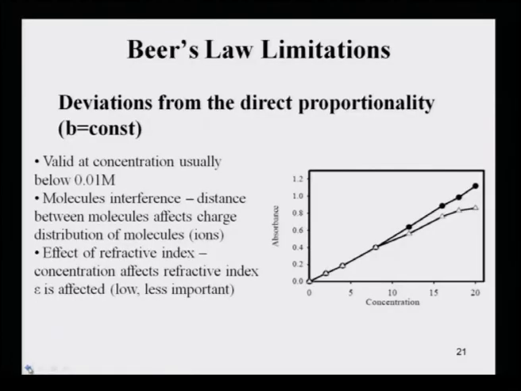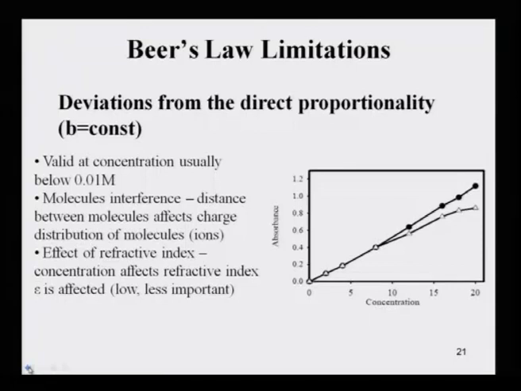There is deviation from its direct proportionality, because it is only valid at concentrations usually below 0.01 molar. If the solution is very concentrated, it may not have that complete effect of its reaction, and each entity will not be just one entity, but will be an aggregation of more than one entity.